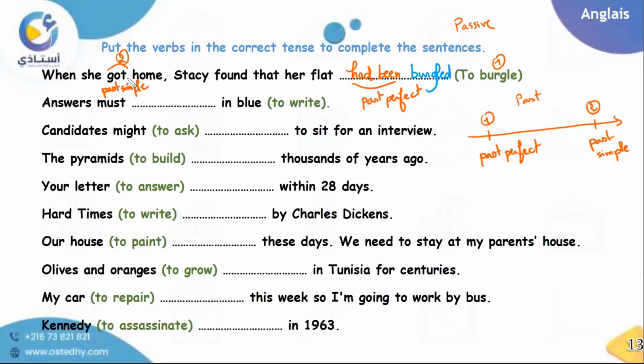Okay? Now, second one, answers must in blue. This is an information or a fact. We have must or can or might or should or whatever modal verbs. With modal verbs, beware. We never put any verb in its tense. With modal verbs, they are always followed by a bare infinitive, infinitive without to.